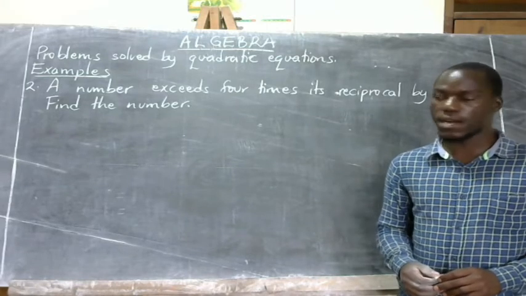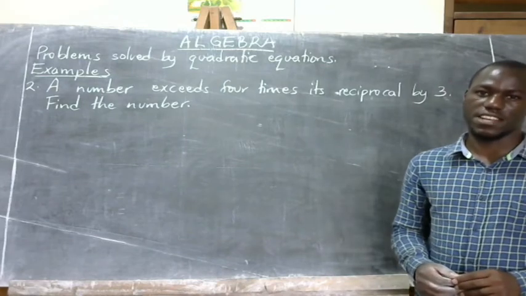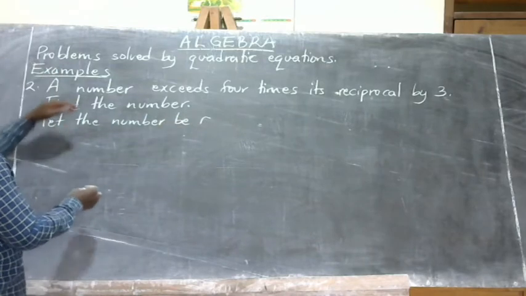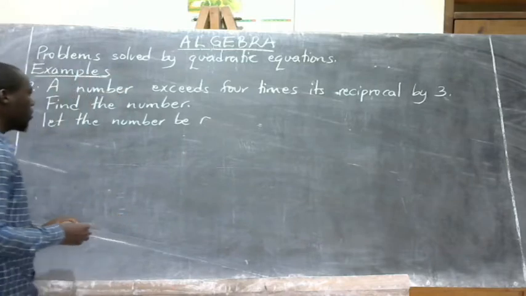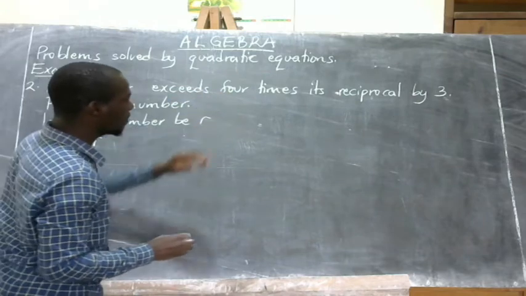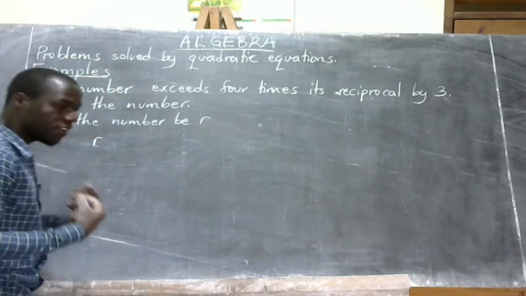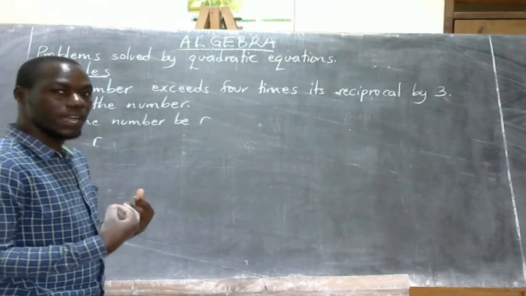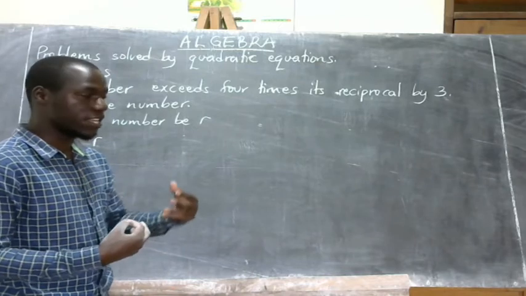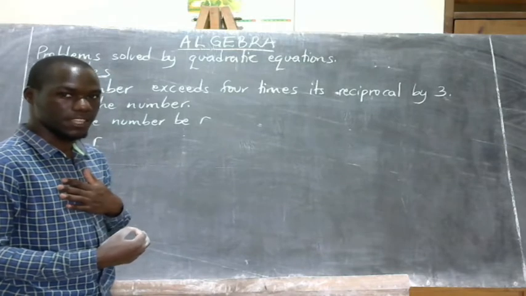Example 2. A number exceeds 4 times its reciprocal by 3. Find the number. So if I let the number be r, now trying to write the mathematical statement: a number exceeds 4 times its reciprocal by 3. If I have a brother and I exceed my brother by 4 years, that means you get the years of my brother and then add 4 to get mine.